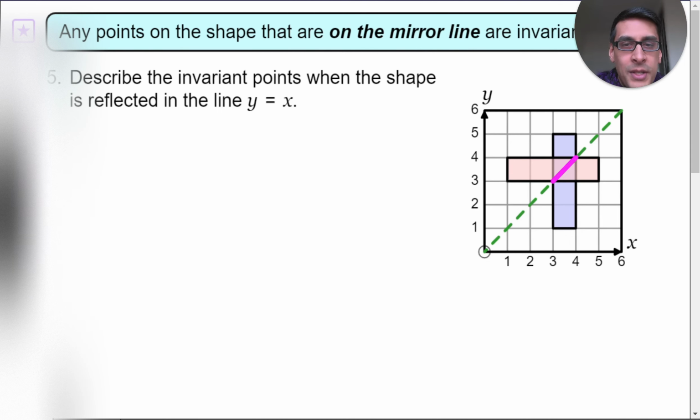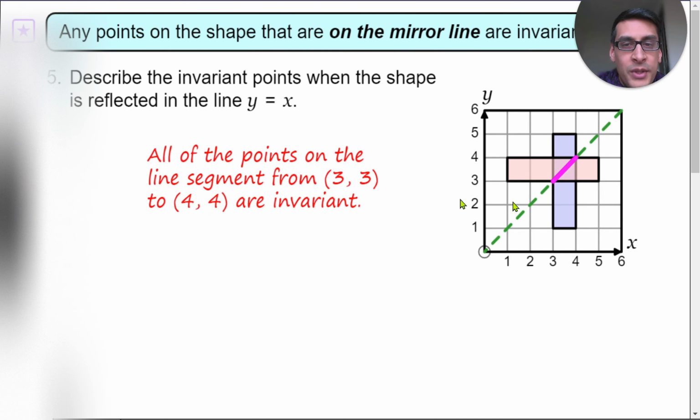So again, we'll highlight it with a pink diagonal. And what we can say is all of the points on the line segment from 3, 3 to 4, 4 are invariant. We must say all of the points on the line segment rather than points 3, 3 and 4, 4. It's not just 2 coordinates.